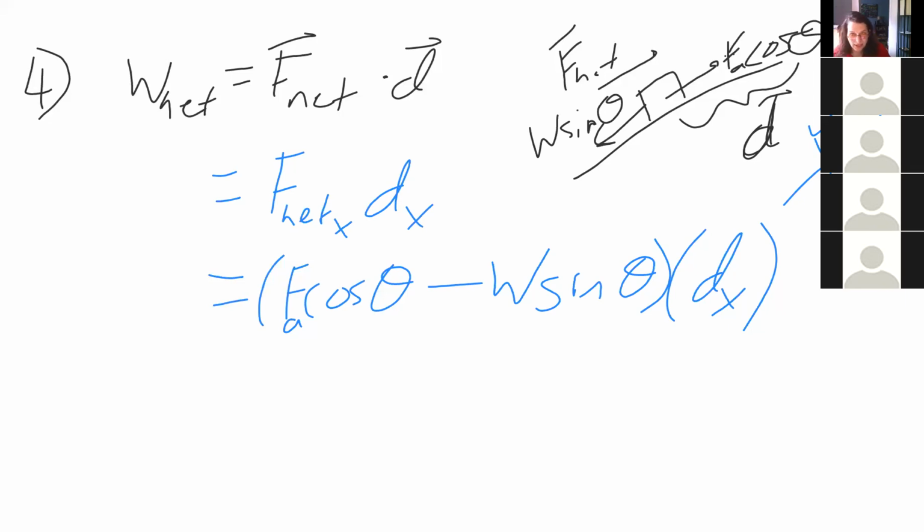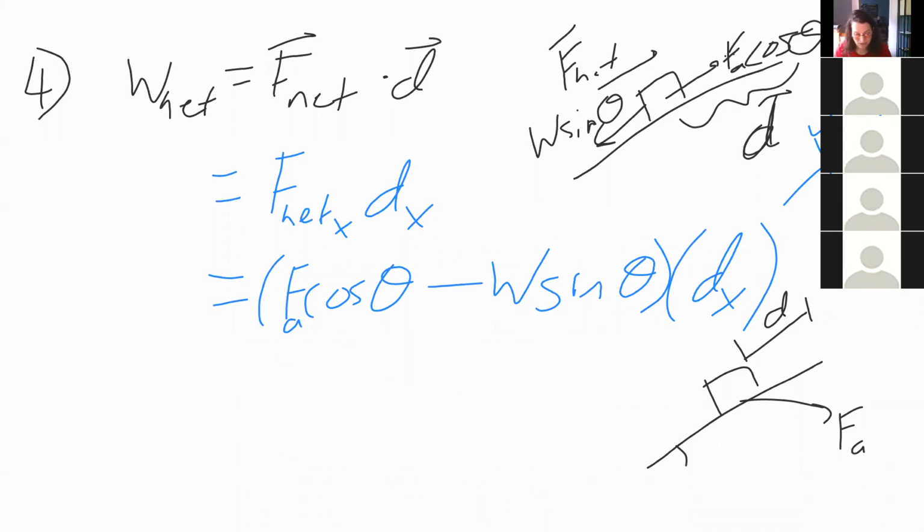So the drawing here comes from the problem. Here's the drawing in the problem. They do this, and then they give you that this is the displacement. And to hopefully answer Michael's question as well, this F sub A is given as parallel to the ground.